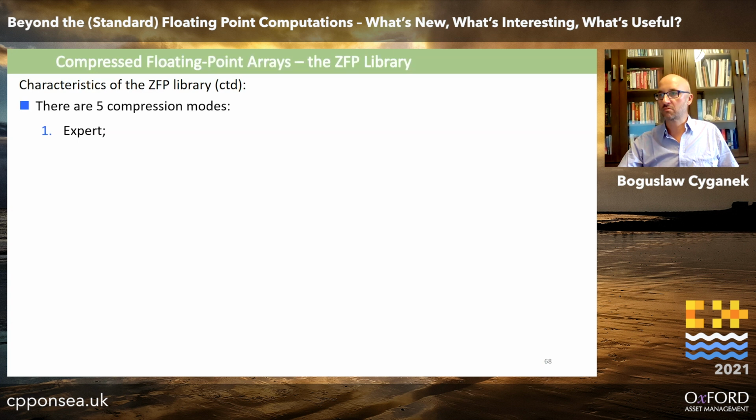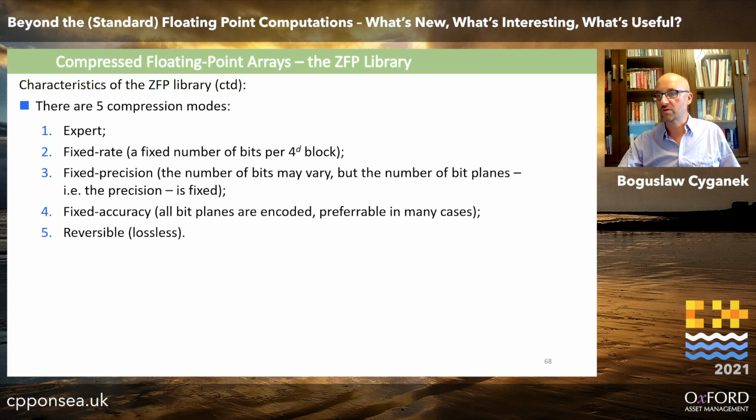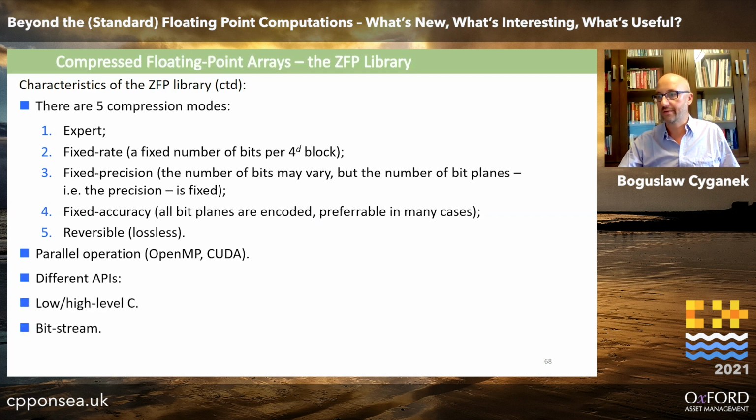There are 5 compression modes: expert, fixed rate, fixed precision, fixed accuracy, reversible, which is lossless. The library also operates in parallel. There are different APIs for C, bitstream, but also compressed C++ arrays, what we are mostly interested in, at least myself.